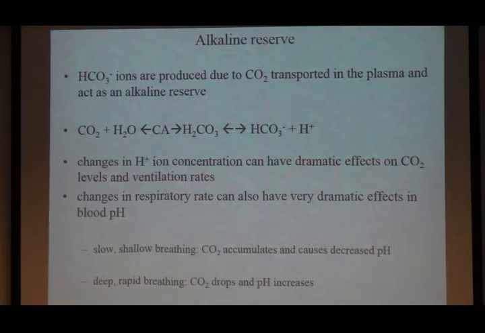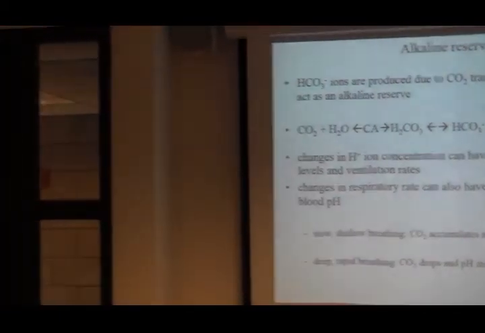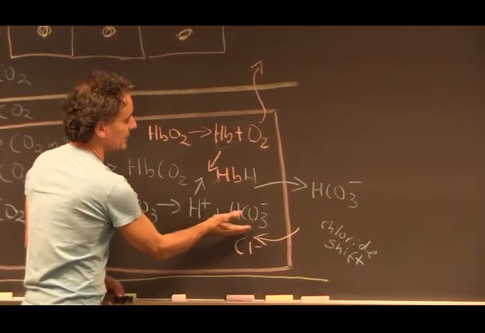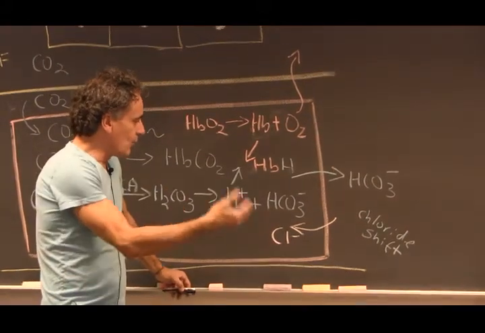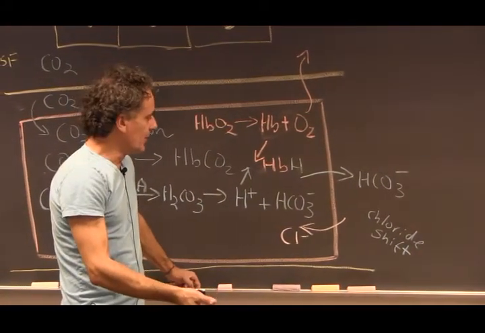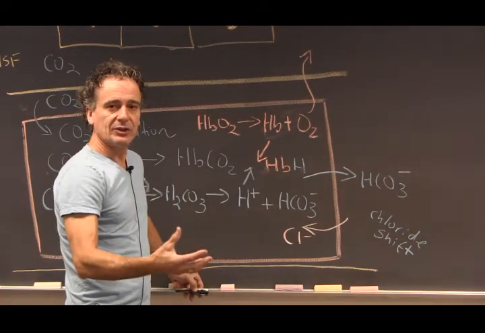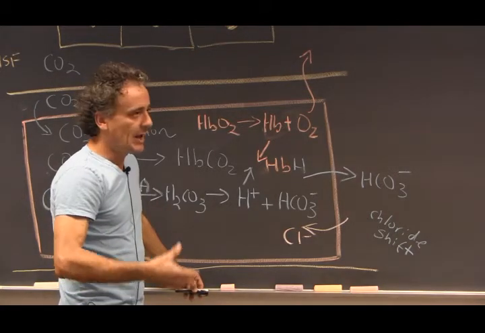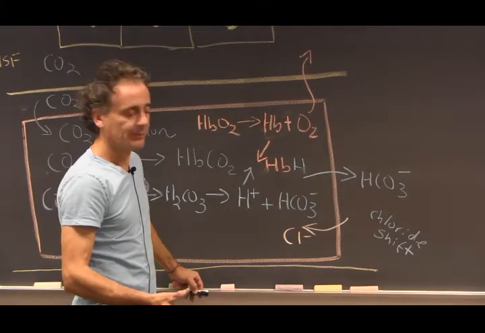Moving on, we're going to talk about the significance of transporting CO2 in blood predominantly as bicarb. The significance of that is that this form of transport of CO2 as bicarb creates what we call an alkaline reserve in blood that can be used as a protection against metabolic stresses that are acidotic in nature.